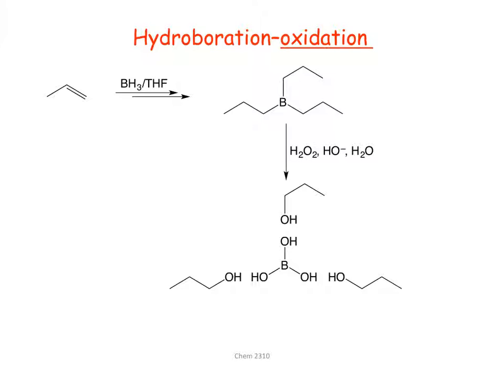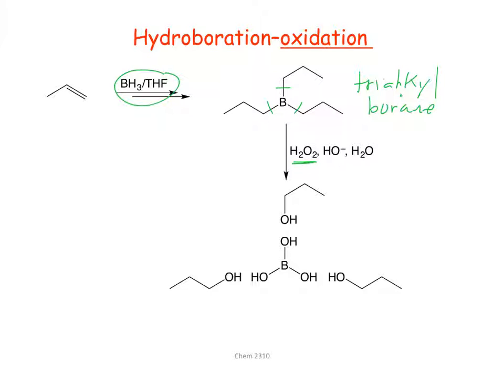So let's look at the oxidation step. This part is what we already talked about, and we got this trialkyl borane here. We'll call that trialkyl. Let's try if we can spell that. There. So what essentially happens is that we add a hydrogen peroxide molecule into each one of these boron-carbon bonds.